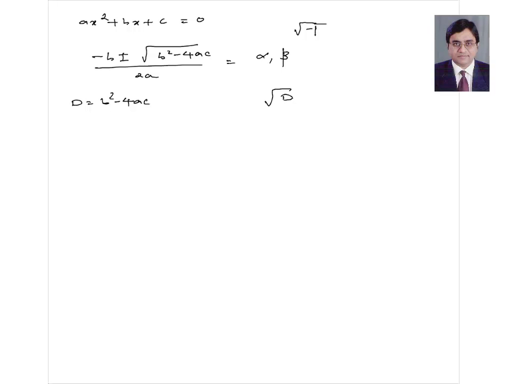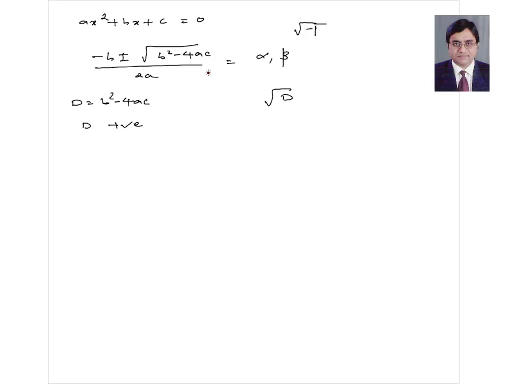If discriminant is positive, then you will have two values, minus b plus giving you something, minus b minus giving you something. So we say alpha and beta would be real. I'm assuming b and a are real, right? That's very important. Because if b and a are not real, even if this part is real, I can't say the whole thing will be real.